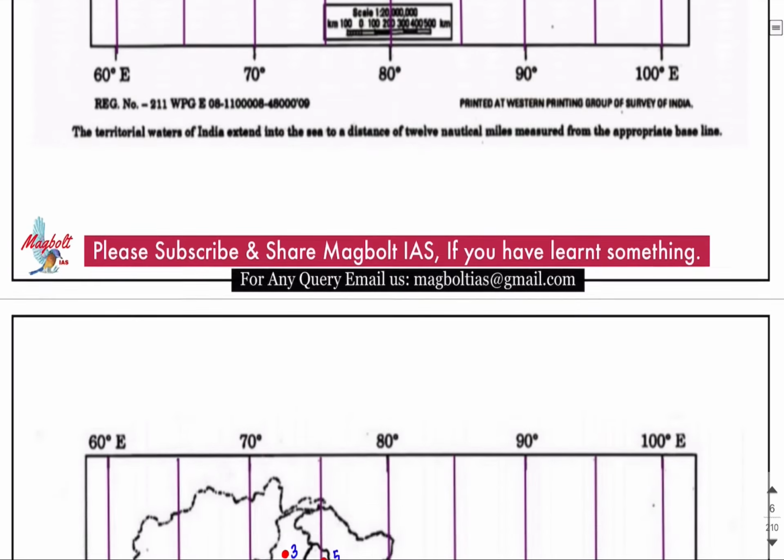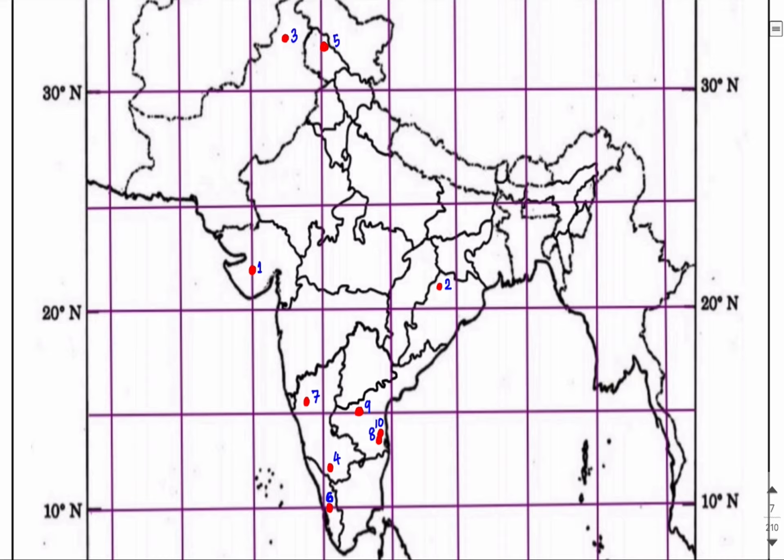So here you can see the first site, present in Gujarat, and it is Rojdi in Gujarat. As we have said, the first thing you have to mention is the district and the state in which it is present. It is present in the Rajkot district of Gujarat, right? The second point you need to write is that it belongs to the Indus Valley civilization.